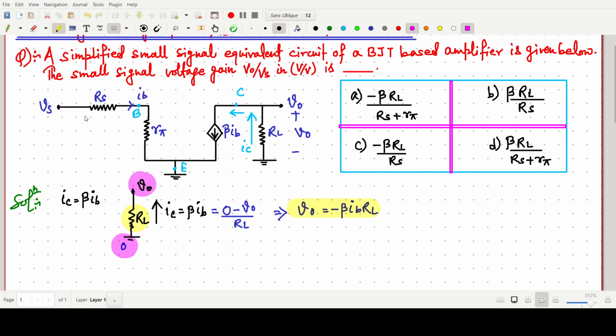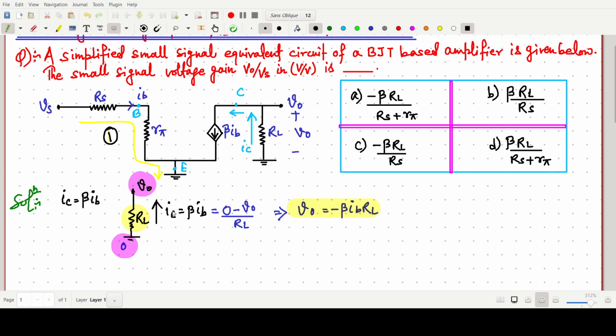Now we have to find the value of Vs. For this purpose we will simply apply Kirchhoff's voltage law, KVL, in this loop 1.